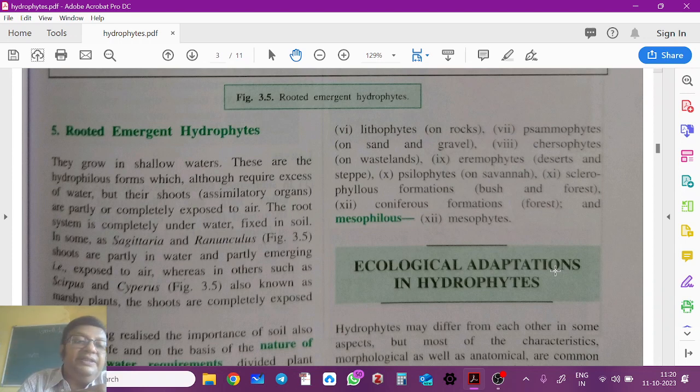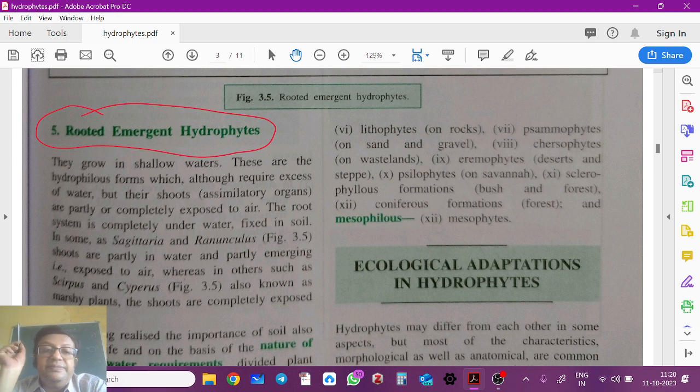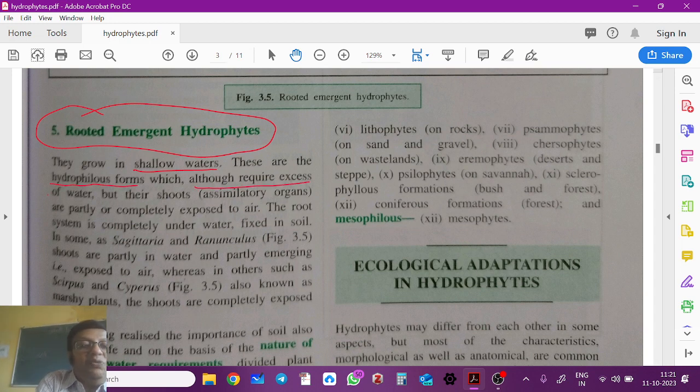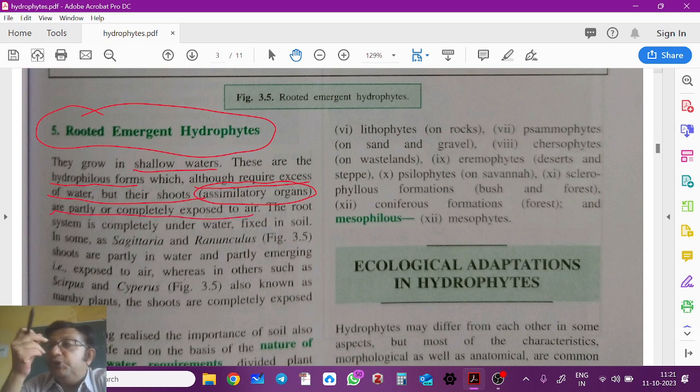And the last one is the rooted emergent hydrophytes. They grow in shallow water, where the water is not very deep. They are hydrophilous forms which require excess water, but their shoots, the stem coming out above, also known as assimilatory organs, are partly or completely exposed to air.